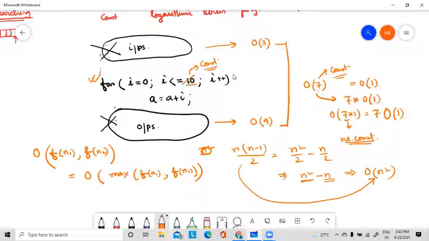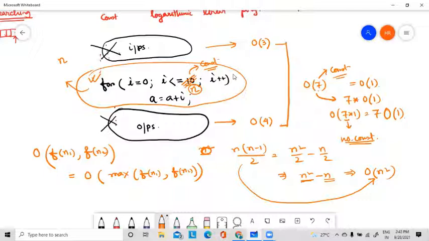But if this value is a variable, suppose n, then the total time of this part, which is the most important part, will depend on the value of n. Now it becomes dependent on n. So if in your program there is a for loop and there is a variable, not a constant value, then depending on how this variable is changing its value, you have to calculate your time complexity.